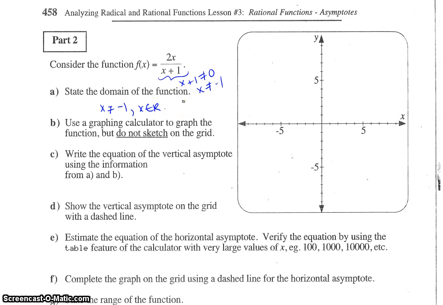Okay, grab your graphing calculator, let's take a look at what that looks like, and then we'll figure out what the equation of the vertical asymptote is. And you guys go ahead and do basically B, C, and D, and we'll resume the video at E. Okay, so pause your video and see if you can get those 3 done.